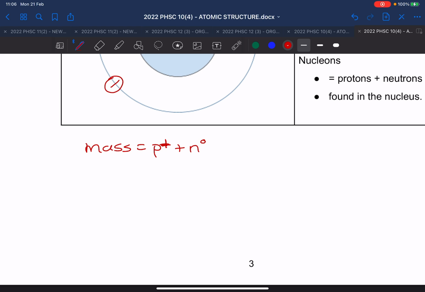Okay. Now for helium, the mass we said was 4. We found that on the periodic table. The number of protons we figured out was 2. So how many neutrons will the helium atom have?